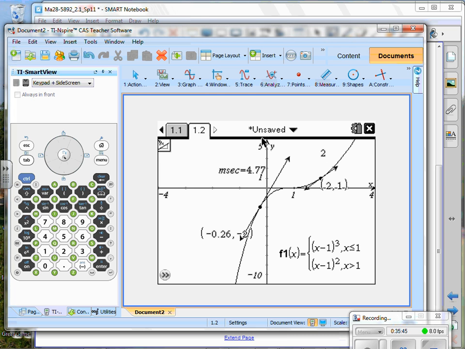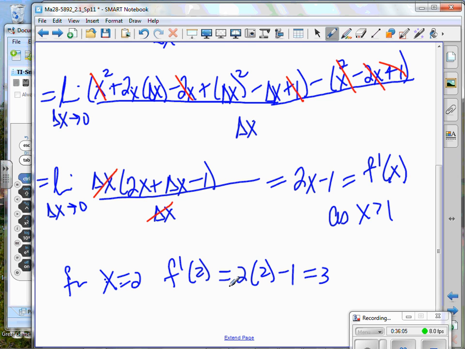My slope that I get here should be the same thing. And I actually said this wrong. This is the slope of the tangent, not of the secant. So now, where's my mistake?